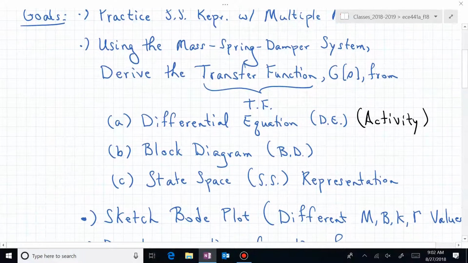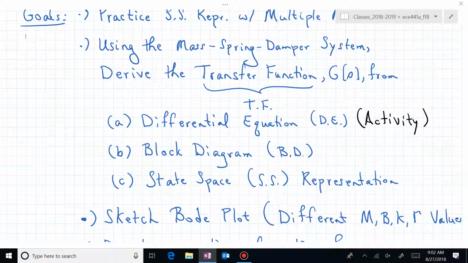Today, what I want to do is try to understand how we can find the transfer function for this particular system, our mass spring damper system, many different ways. You'll do it through Laplace transforming the differential equation. That's dE. The transfer function is TF. The block diagram is BD, and the state space representation is SS.